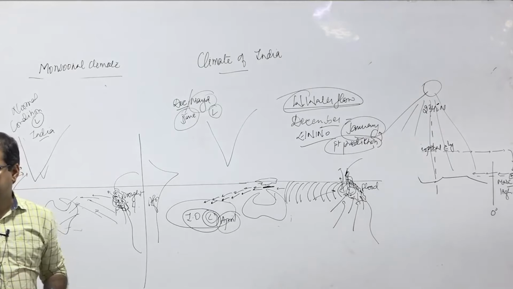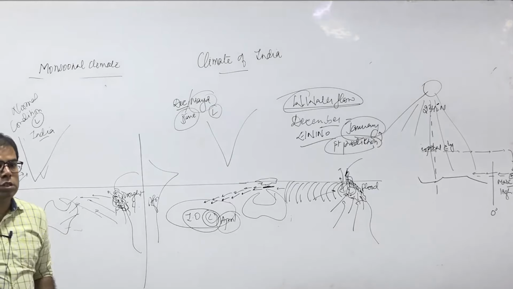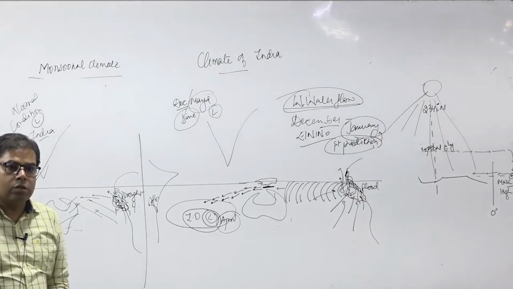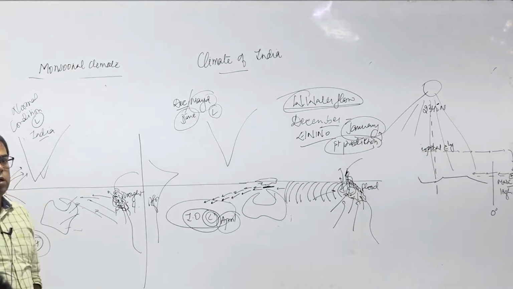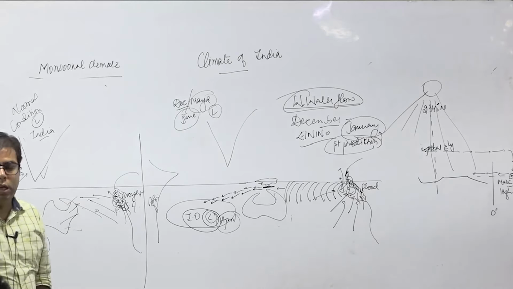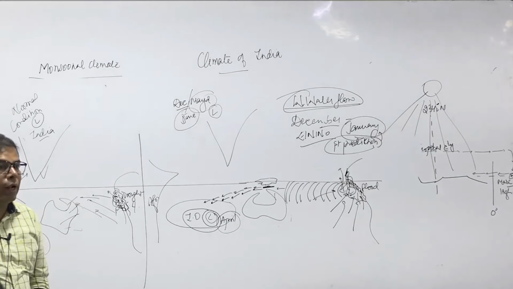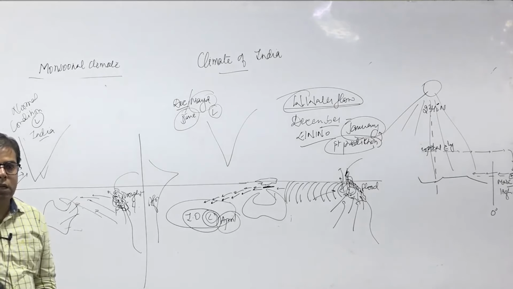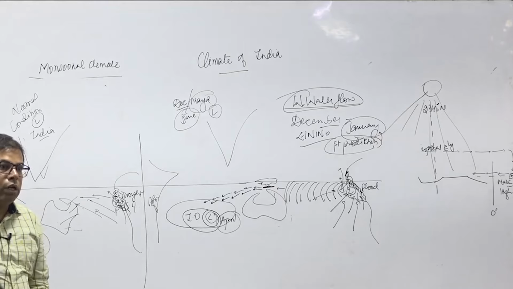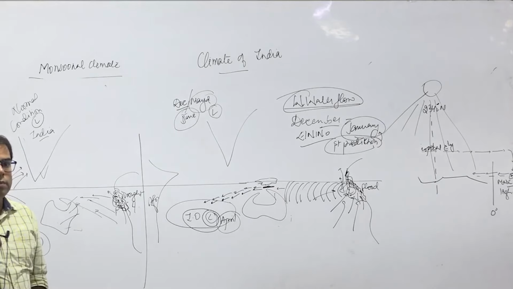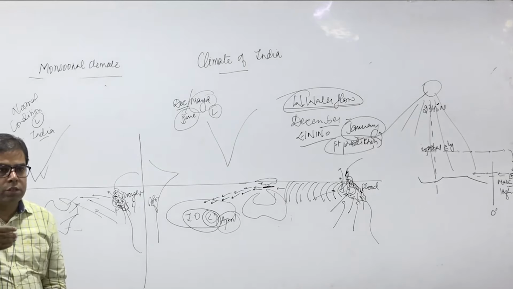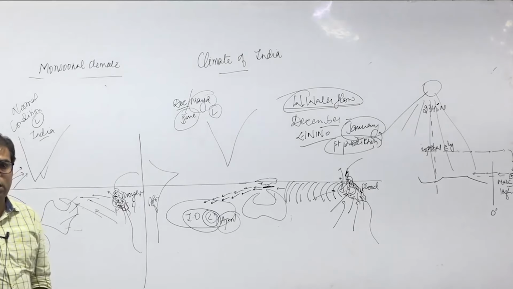When the produce is not coming from the agriculture sector, the industries will collapse. That produce is not coming because of failure of the rainfall. Then hydel power generation also will be affected, so energy will be affected. If energy is affected, how will the industries run? So, the operation and function of industry also will be affected, right.